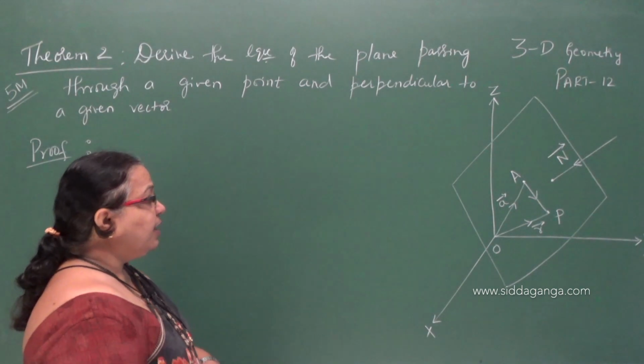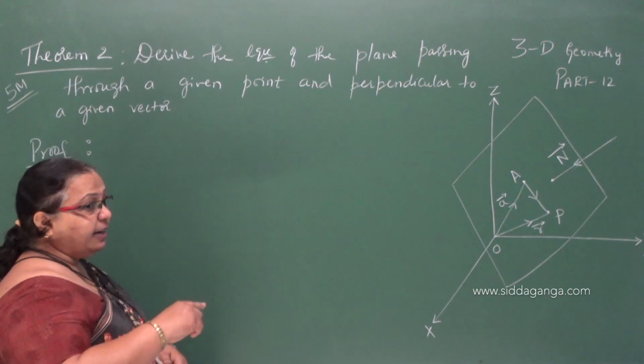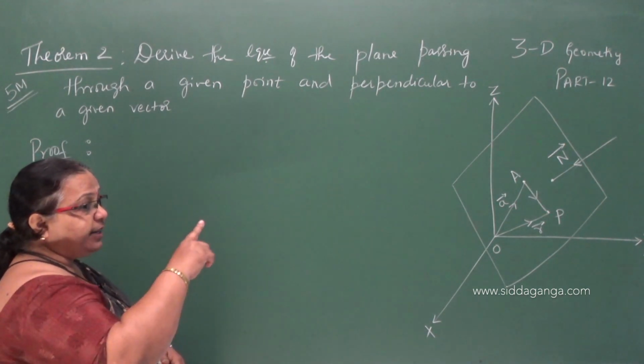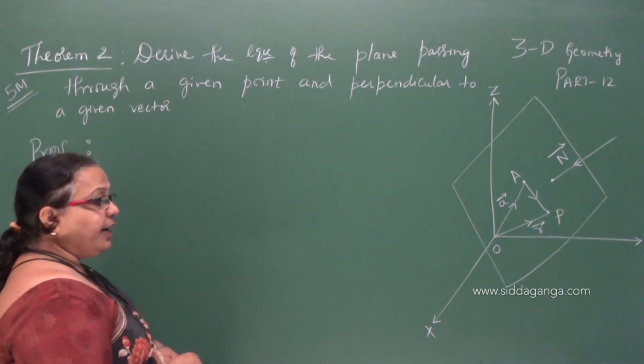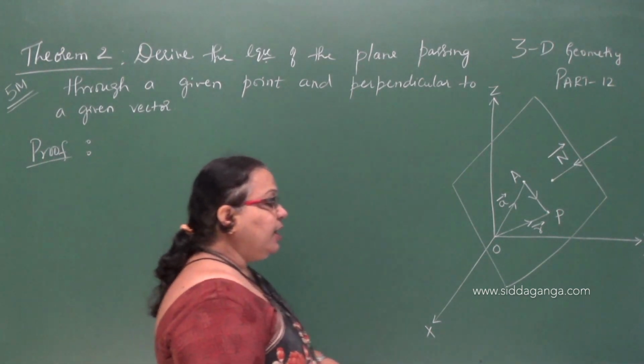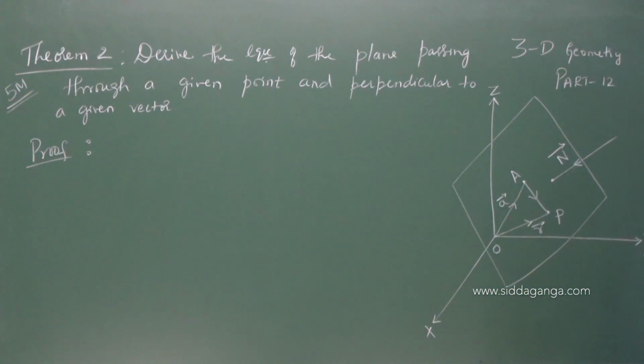So from the figure here, the point A lies on the plane such that vector AP is perpendicular to vector n. We take that and write it in terms of position vectors, so we have to derive it.